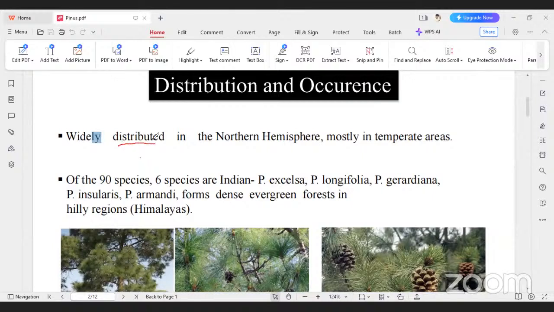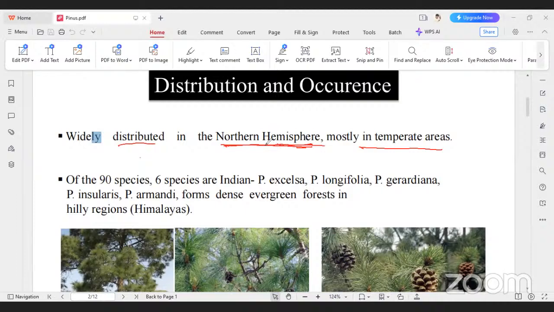Mainly the gymnosperms, of course, we are now discussing Pinus. Not only Pinus, all types of gymnosperms are mainly distributed in the northern hemisphere, mostly temperate areas. That is about common gymnosperms.